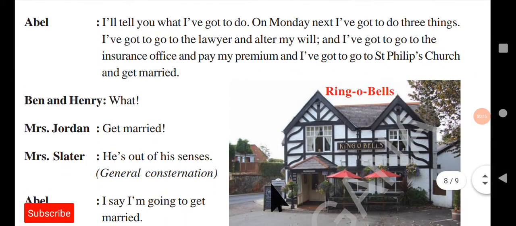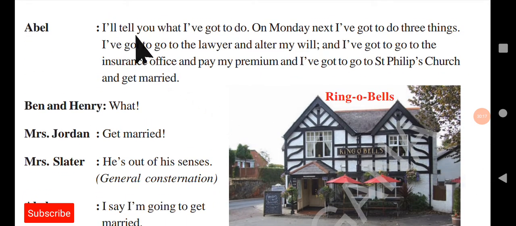Abel Merriweather tells them, I will tell you what I have got to do on Monday next. I have got to do three things. I have got to go to the lawyers and alter my will, and I have to go to the insurance office and pay my premium, and I have got to go to Philip's church and get married.